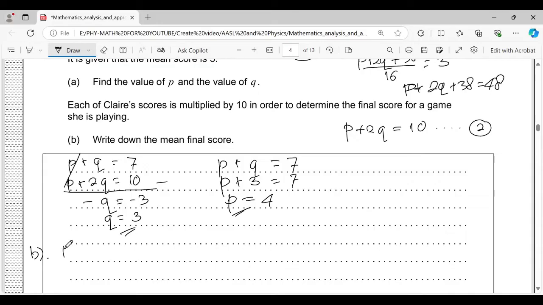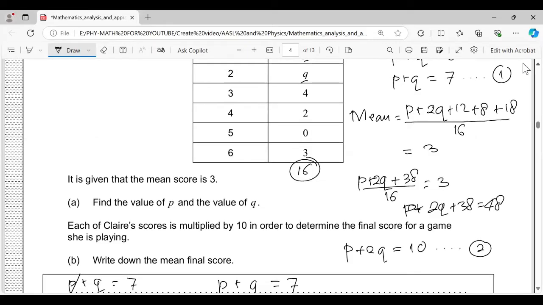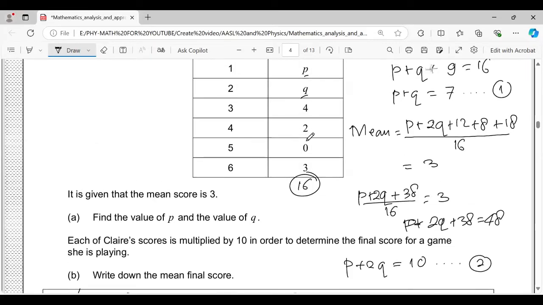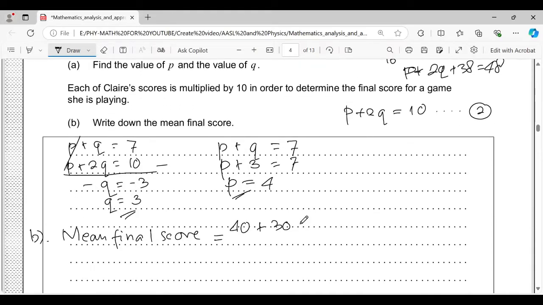B, mean final score: P times 10 is 40, 3 times 10 is 30, 4 times 10 is 40, 20, and 30, over 16.